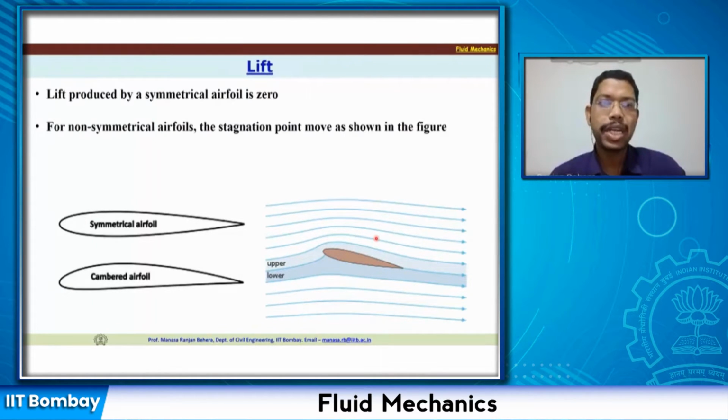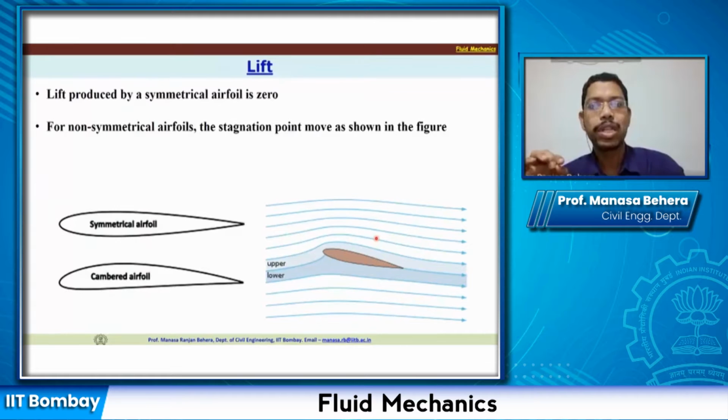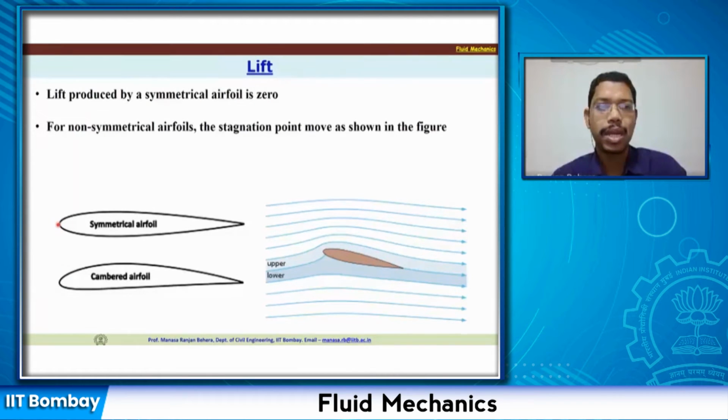So for non-symmetrical airfoils, the stagnation point moves slightly downwards, as shown in the figure. If you talk about the stagnation point for this particular symmetric body, what will happen? The stagnation point will be located at the tip of this airfoil, that is here on the upstream side, and there will be another stagnation point which will possibly be present at the downstream side.